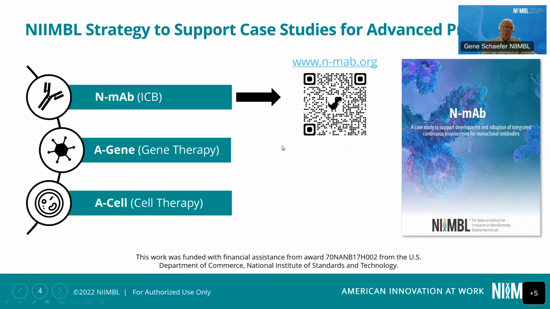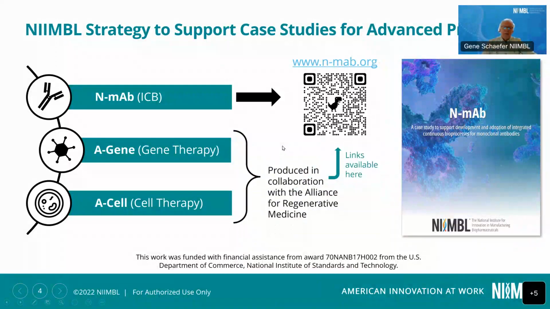NIIMBL also supported the development of A-Gene and A-Cell, which are case studies for gene therapy and cell therapy, respectively. And those were produced in collaboration with the Alliance for Regenerative Medicine, and NIIMBL provided a good deal of the funding for that. We have included links for those two case studies as well on that N-mAb page. That's part of the overall NIIMBL website, but this is one of the public-facing pages within that website.